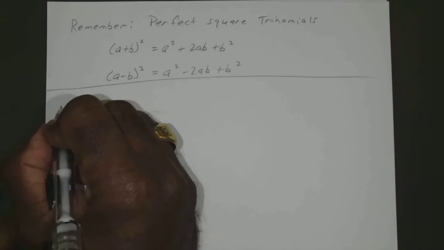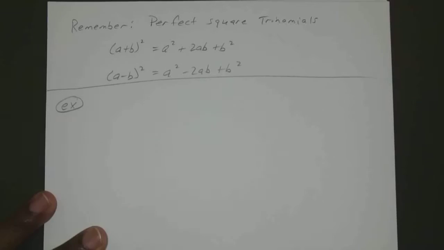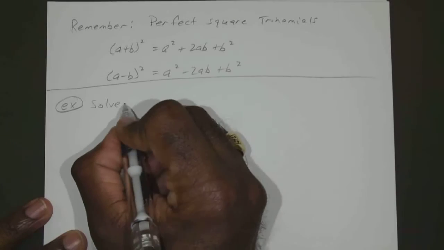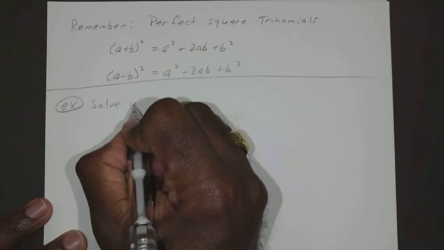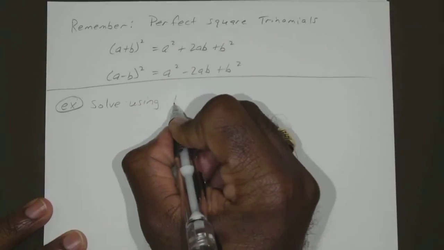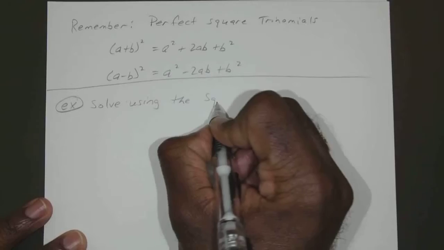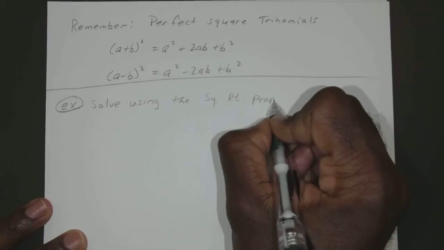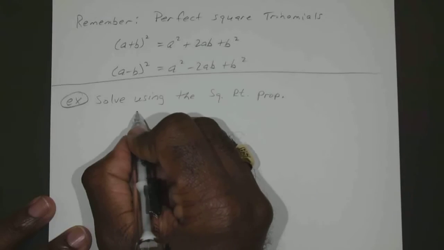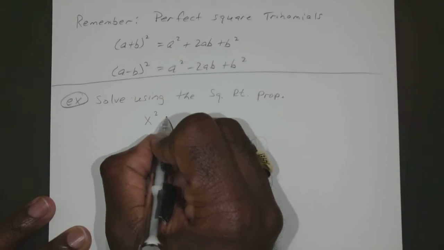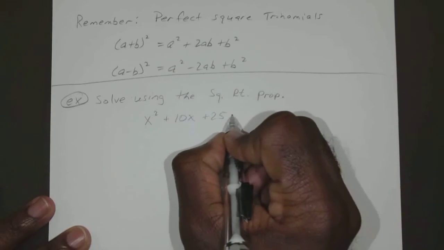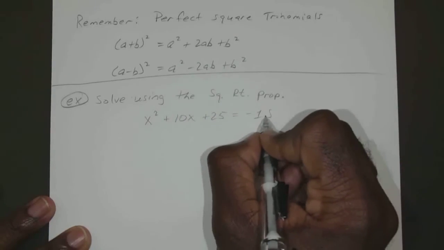Okay, so let's say, for example, if you wanted to solve using the square root property, and you have x squared plus 10x plus 25 equals negative 18.